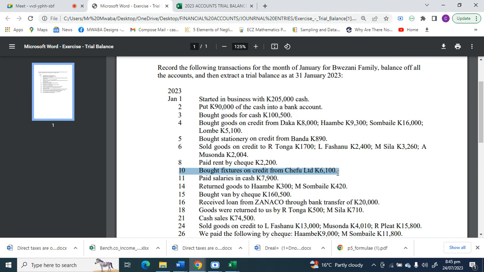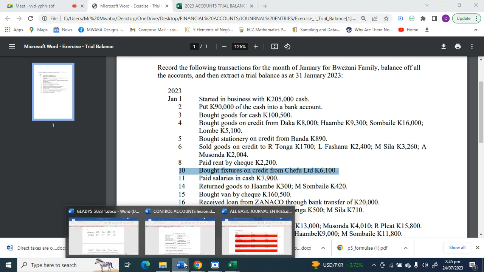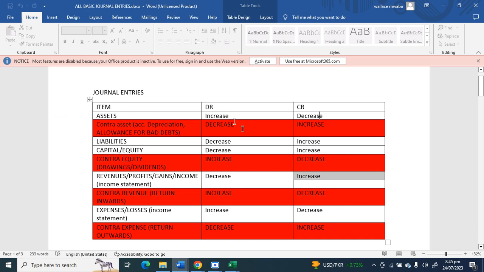Chef Limited payables, and their liability. Fixtures is an asset account. You just write it as fixtures, but you will know yourself that this is an asset account.